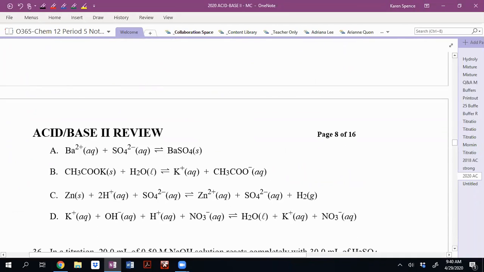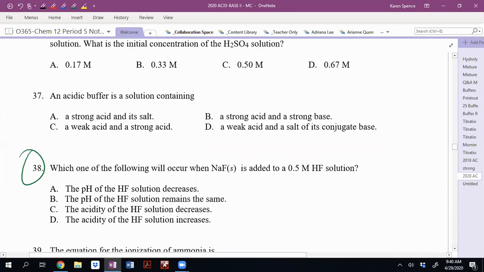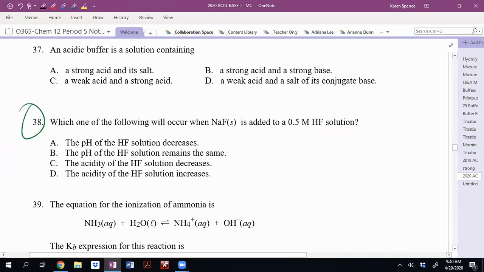Our next question, I think, is number 38. Which of the following will occur when NaF is added to 0.5 molar HF solution? So we're going to have our original solution, HF, in equilibrium with H plus and F minus.